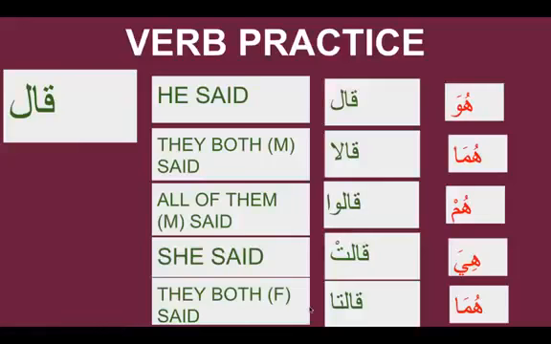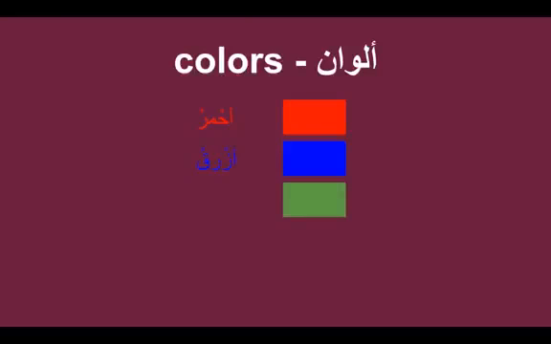We're going to learn about colors as well in our lesson today. So just to give you a brief introduction to colors. Red is called ahmaru. Ahmar. So when you're talking, you just say ahmar, but the actual word will be ahmaru with a single dhamma. Blue is called azraqu. Green is called akhdaru.